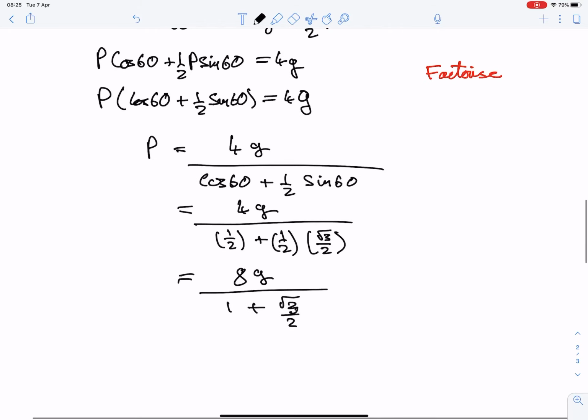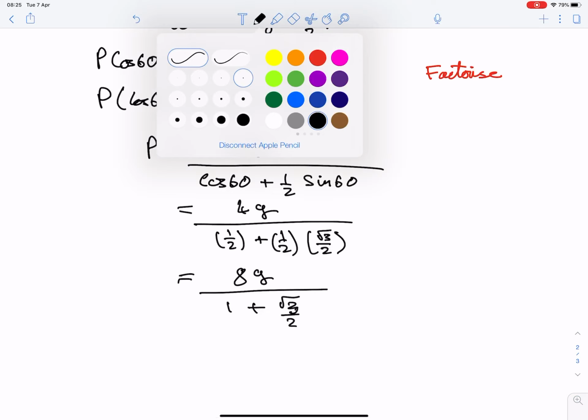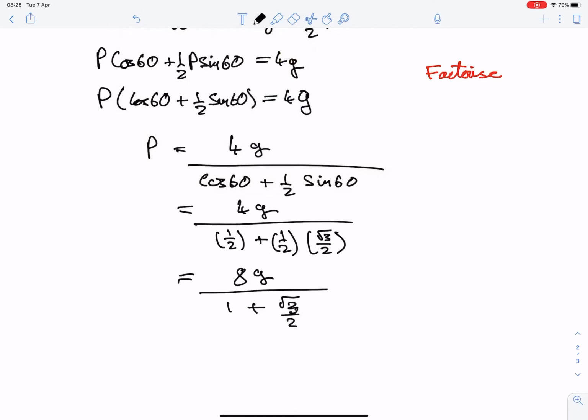Okay, if we multiply through by 2 top and bottom again, we're going to have, sorry, not 8g now, it'll be 16g over 2 plus root 3.